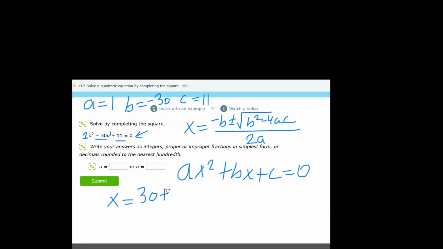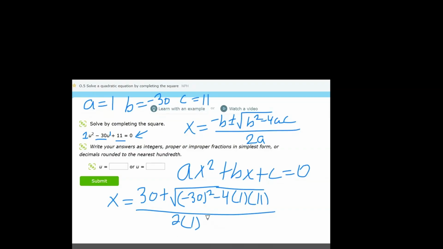And then we're going to add the square root of b squared, so that's negative 30, everything squared, minus 4 times our a, which is 1, times our c, which is 11, and all of that is divided by 2 times a, which is 1. Okay? Simplifying, we have 30 plus the square root of 900 minus 44 over 2.